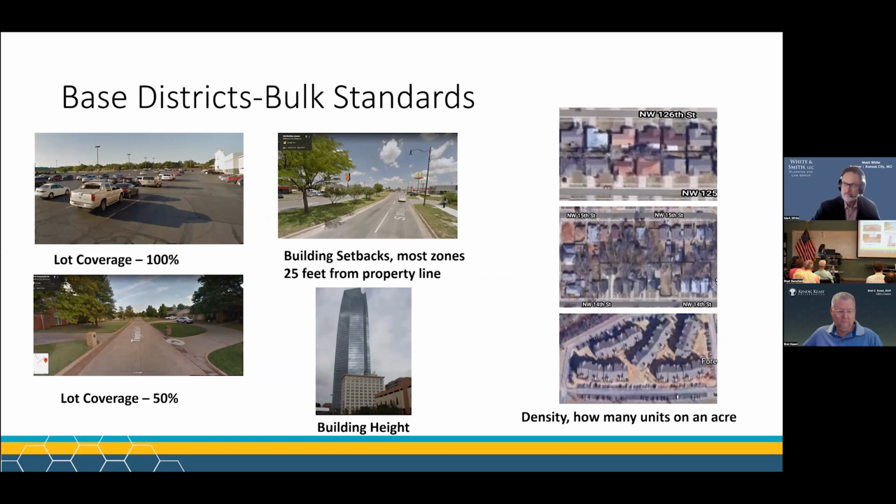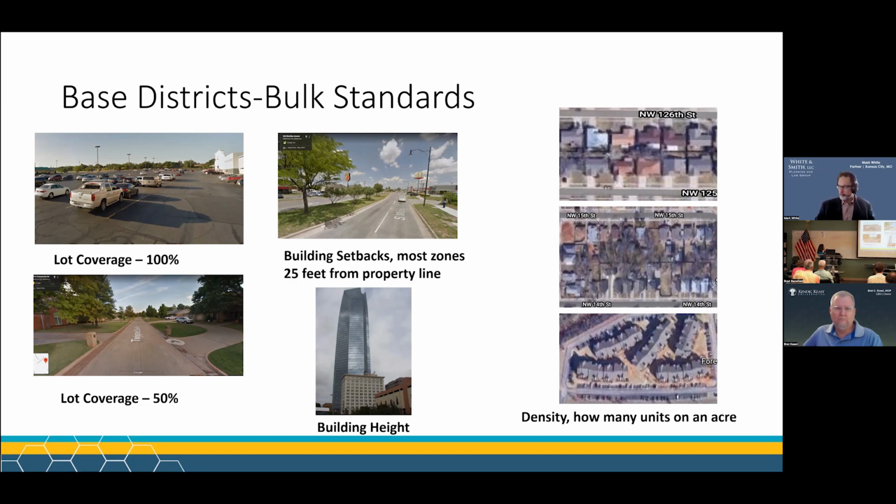So for example, the code might have lot coverage. On a C3, like a grocery store, you're allowed 100% lot coverage, which means buildings and paving in this code. We have building setbacks, and most everything is 25 feet from the street across the city, except for downtown where we don't have these same regulations.